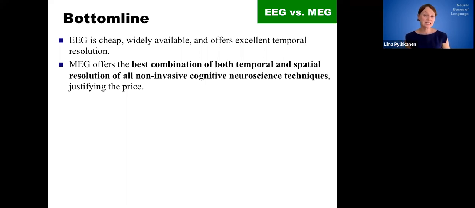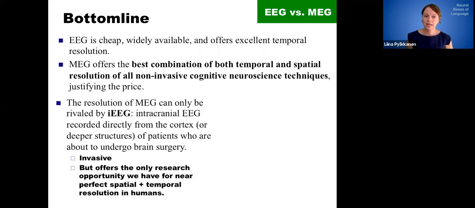And that's a big deal because ultimately our models of cognitive functions in the brain do need to include both time and space. If we don't understand the temporal aspect of processing, we don't really understand the process. MEG gives us a way to get really good temporal resolution and pretty good spatial resolution as well. For that reason, it's a powerful technique that does justify its price.